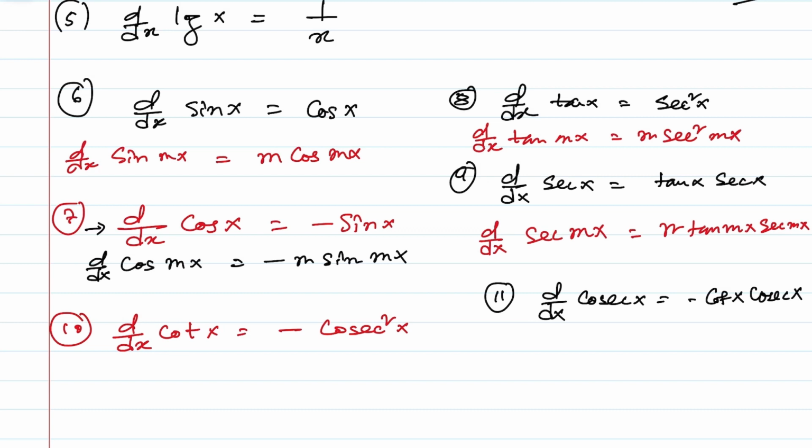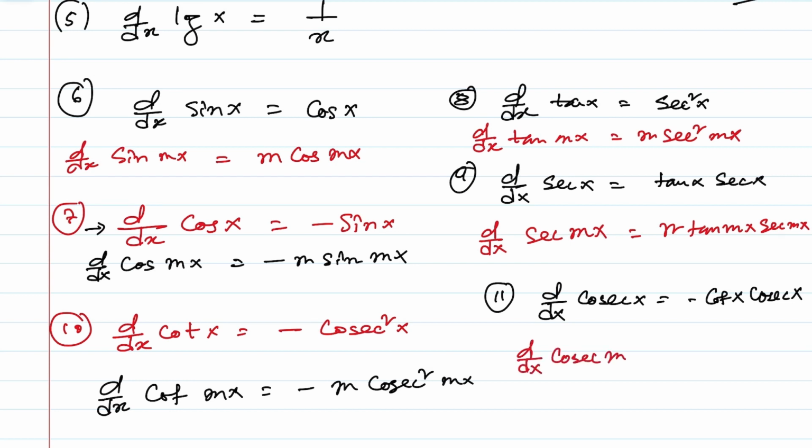Similarly, if you have derivative of cot mx, then it will be minus m cosec square mx. And suppose if you have derivative of cosec mx, then that's going to be equal to minus m cot mx cosec mx. Okay, so let me write it properly.